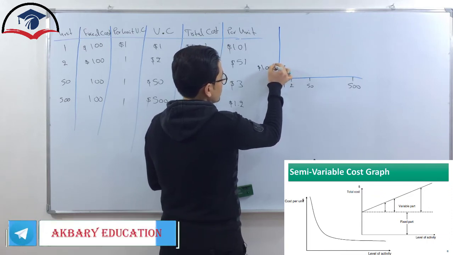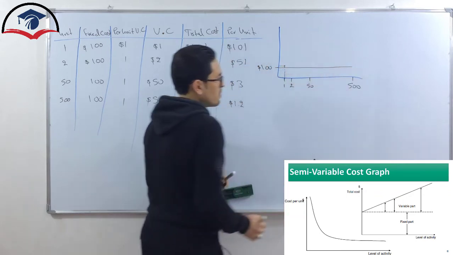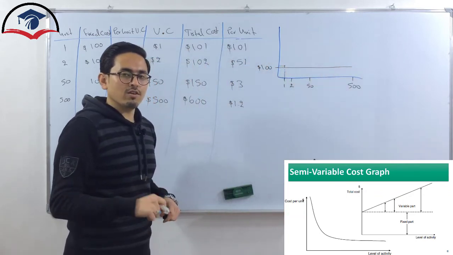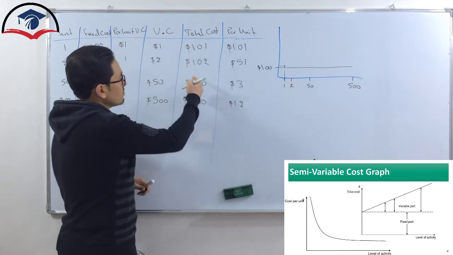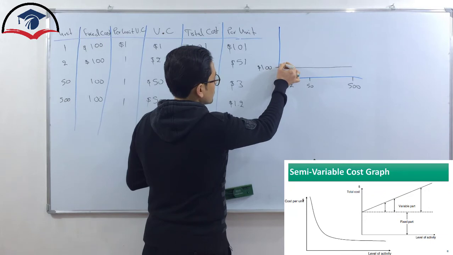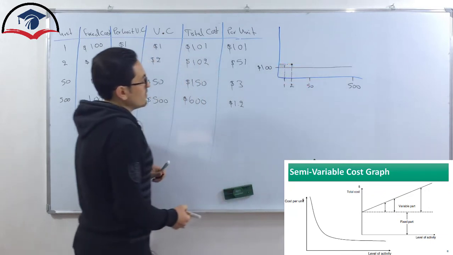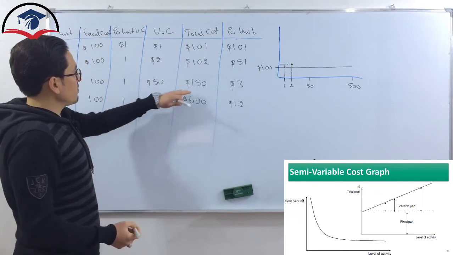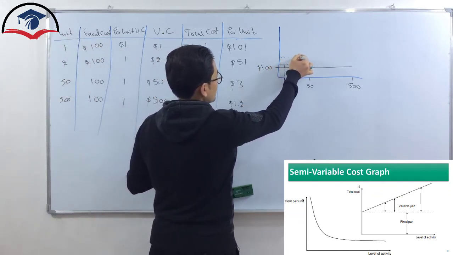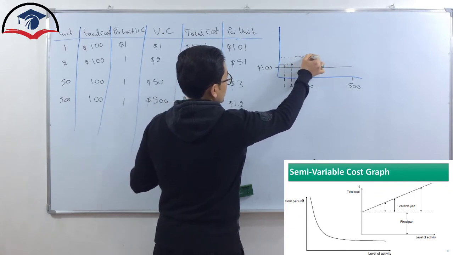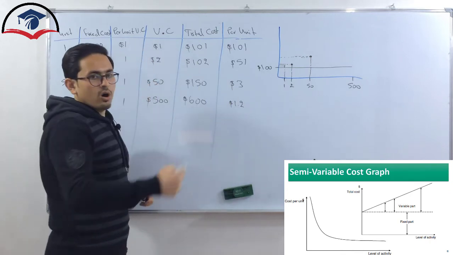Suppose this is 101, and my fixed cost will stay the same whatsoever the change in level of activity is. For 2, my total cost will increase to 102, suppose it's here, and for 50, my total cost will be 150, suppose it's here, and go on like that.